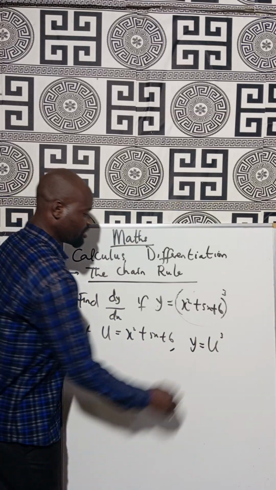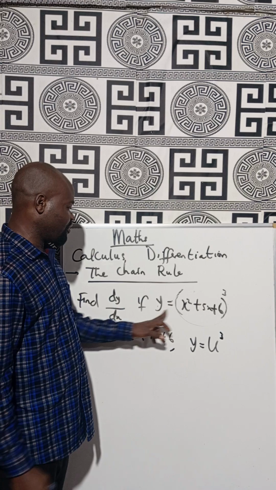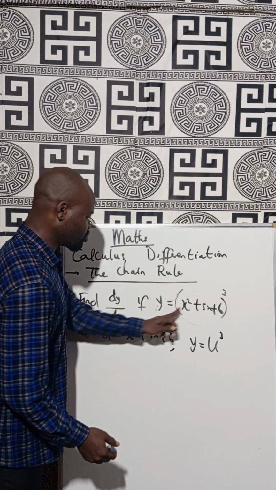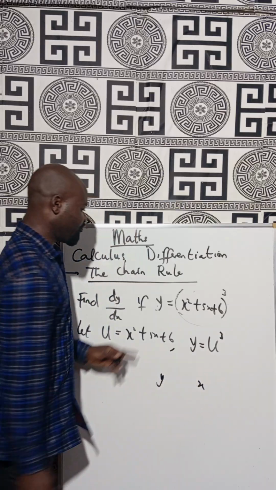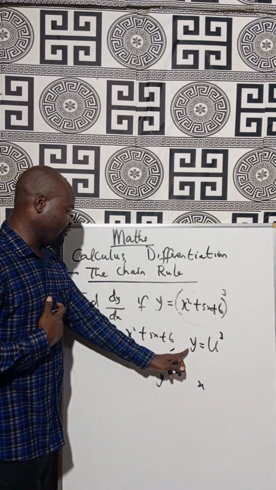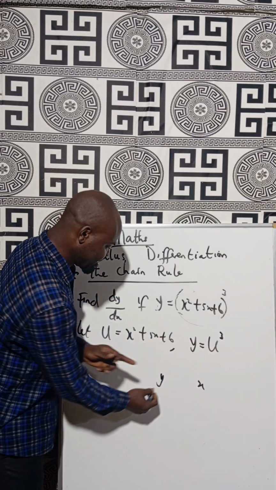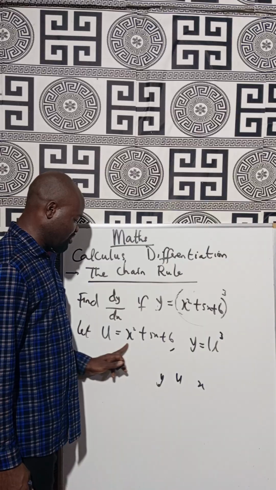You can see now. So for y to be a function of x, y will first of all be a function of u, that's dy/du.